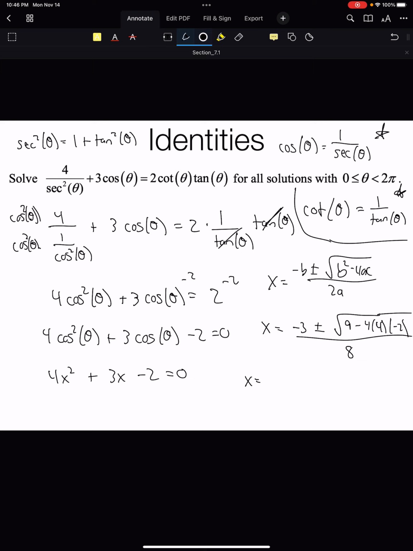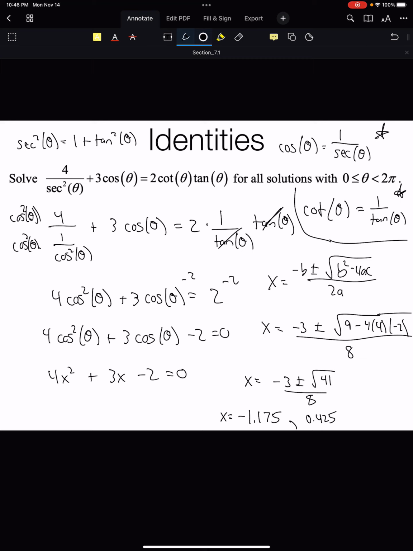All you do is simplify the things under the square root, and you get negative 3 plus or minus the square root of 41 over 8. Okay, and when you do those calculations, for the negative part, you're going to get negative 1.175. And for the positive part, you're going to get 0.425.